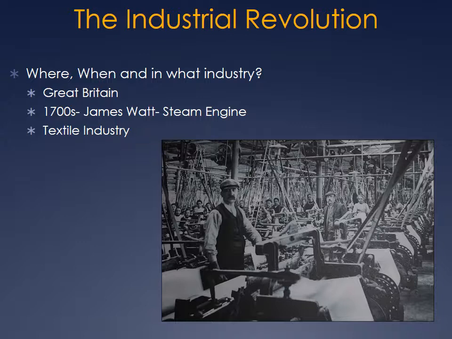The earliest innovation to really drive the Industrial Revolution was the steam engine, invented by James Watt. And the steam engine was primarily put to use in things like the textile industry and mines, in mining operations in places like Great Britain, and of course ultimately locomotion. We'll talk about that in just a moment.